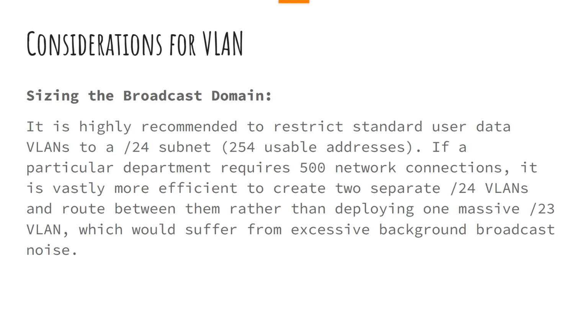So when we are designing VLANs, what are the important things that we need to remember? First is sizing the broadcast domain. It is highly recommended to restrict the standard user data VLAN to /24, which means in one VLAN a maximum of 254 usable addresses, or 254 devices, can be connected.